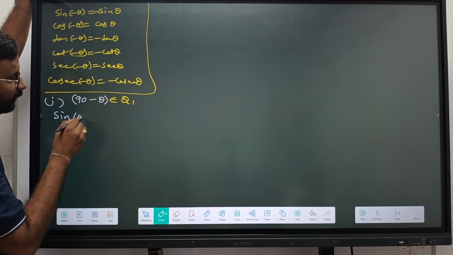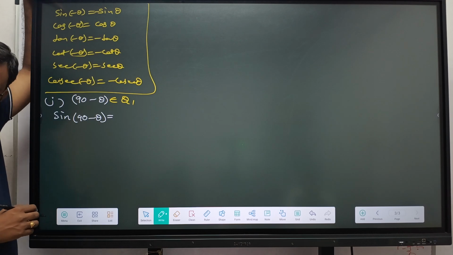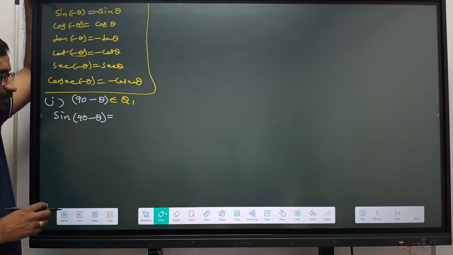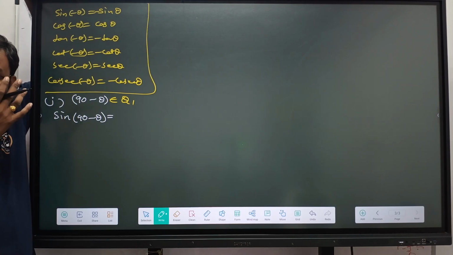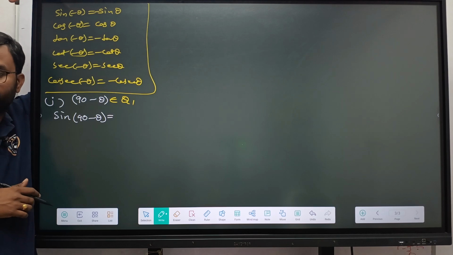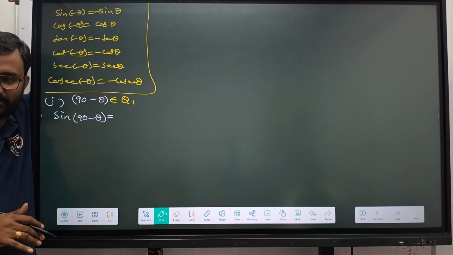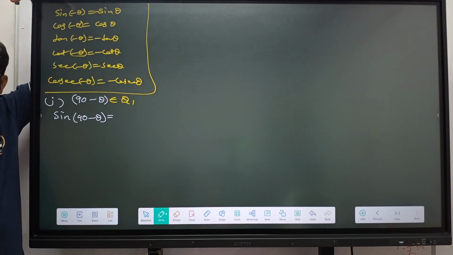What is sine 90 minus theta? This 6, next 6, like fundamentals. Understand? We use many times. Sine 90 minus theta, which is first quadrant, positive.